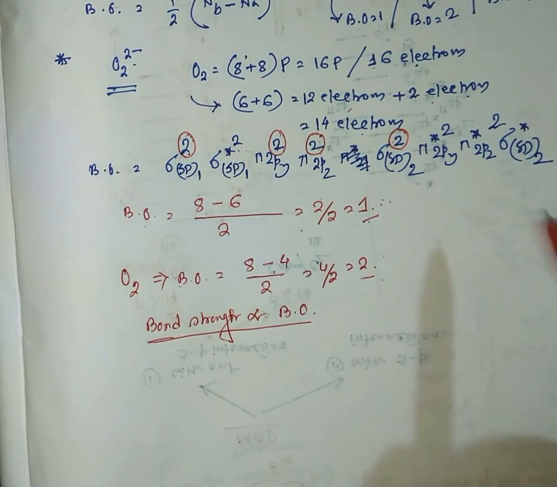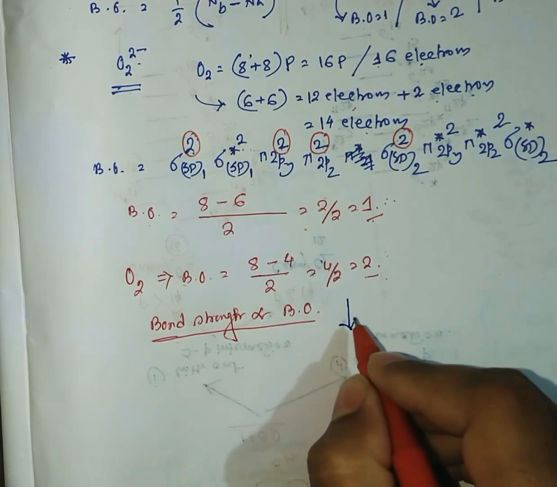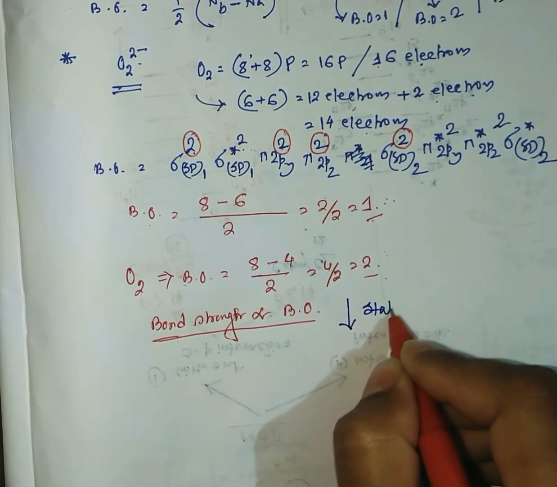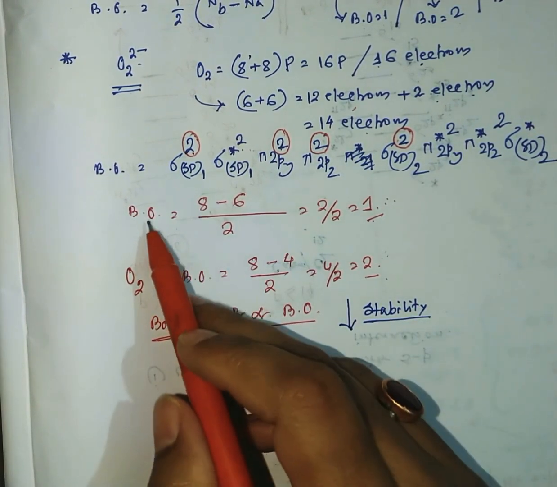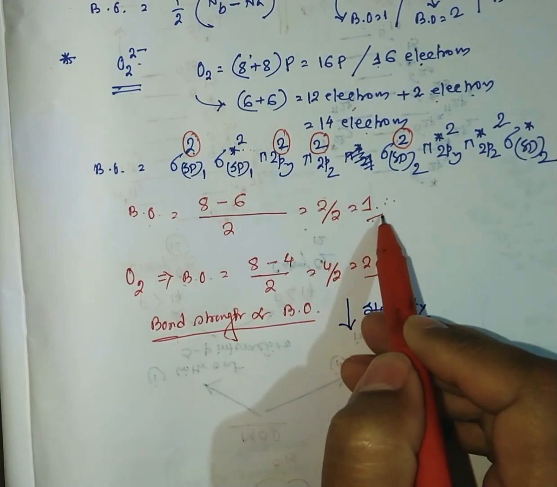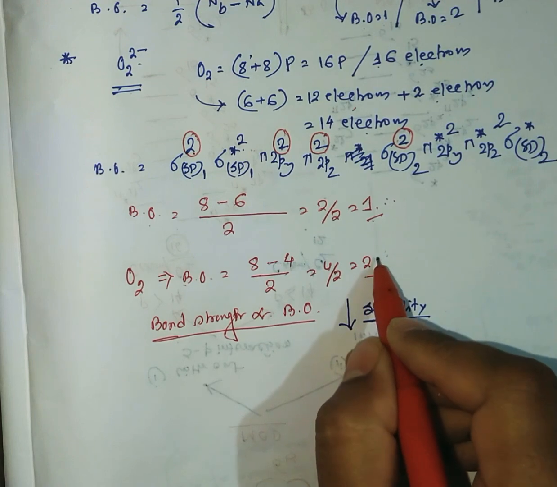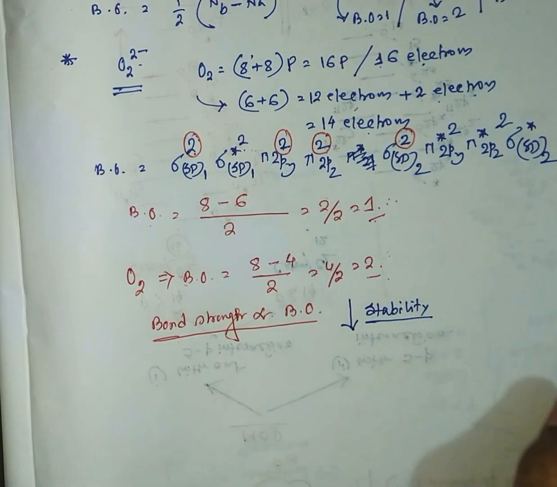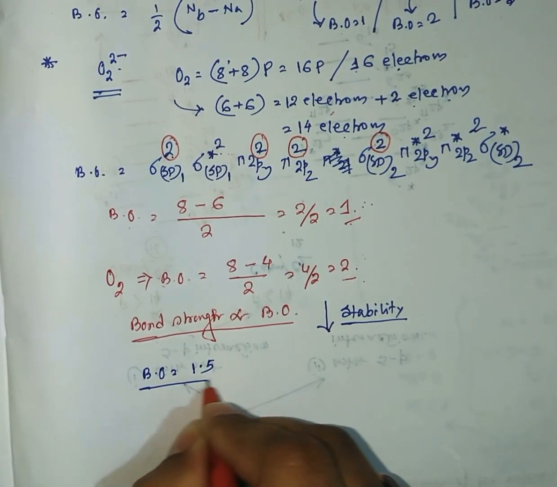With decreasing bond strength, the stability of the molecule decreases. So the bond order of O2 2 minus is 1, that means the stability of O2 2 minus is less than the stability of the normal or neutral oxygen molecule. Suppose bond order equals 1.5.